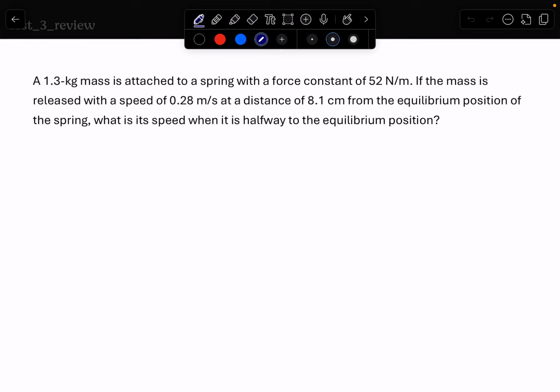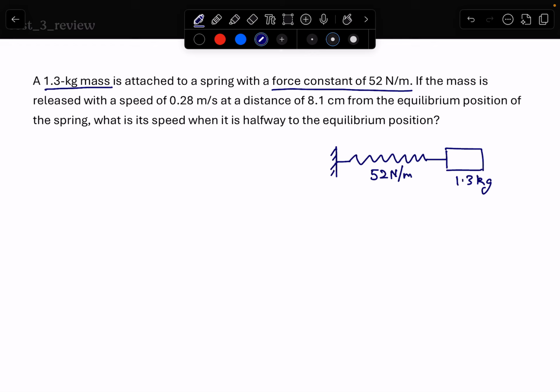Let's look at this problem now. We're told that a mass of 1.3 kg is connected to a spring with a force constant of 52 newtons per meter. So I'll just quickly draw this. This is 1.3 kg and this is 52 N/m.